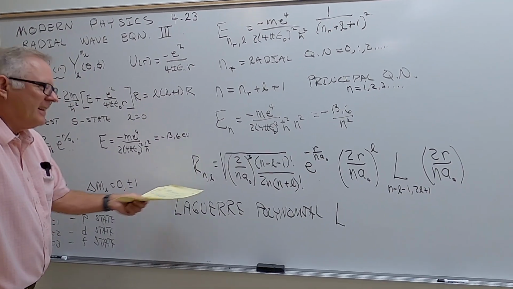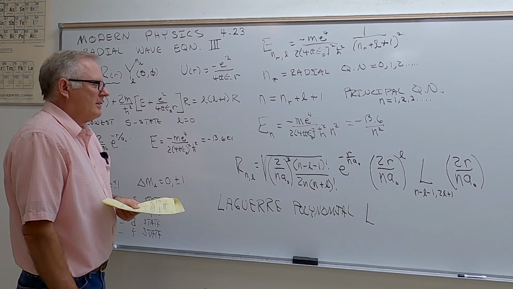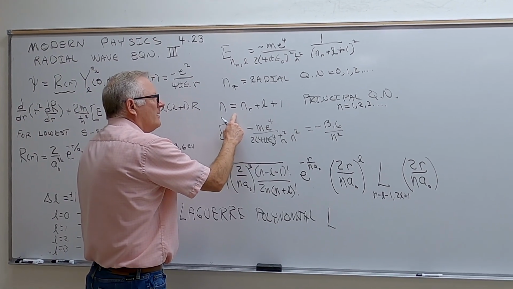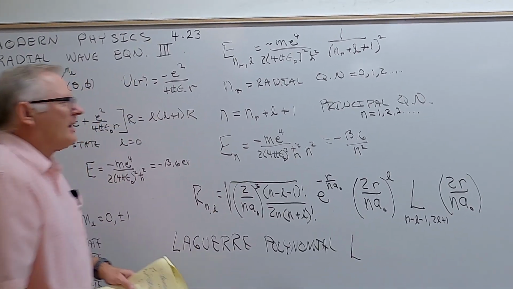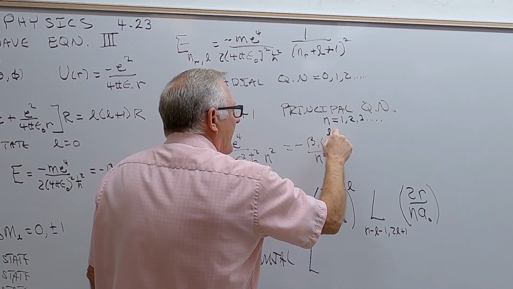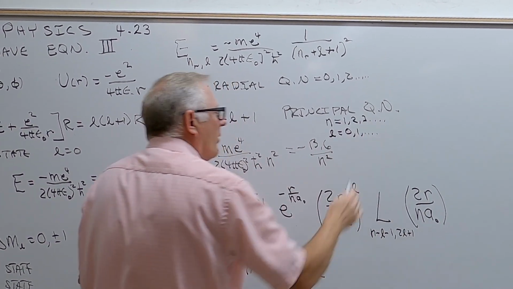Okay, so that is the radial equation right here. And just also, you noticed right here, what's the biggest l can be? Remember, we said before, l is equal to 0, 1, 2, 3, 4.